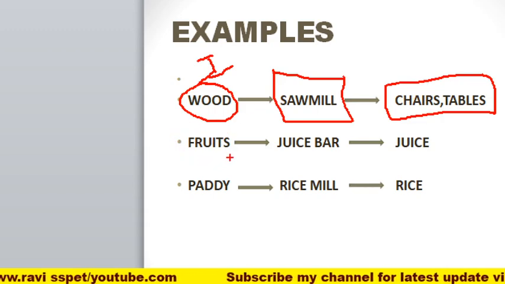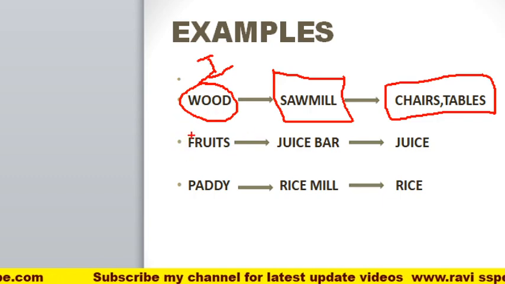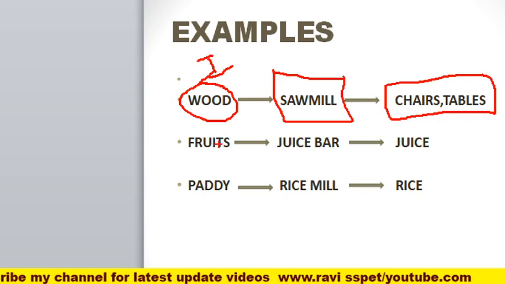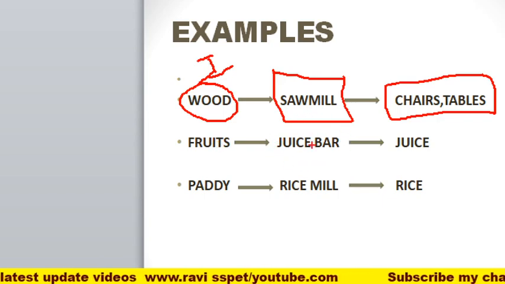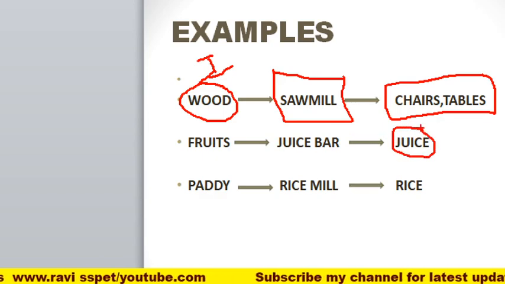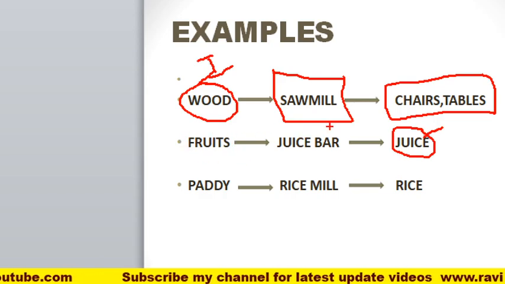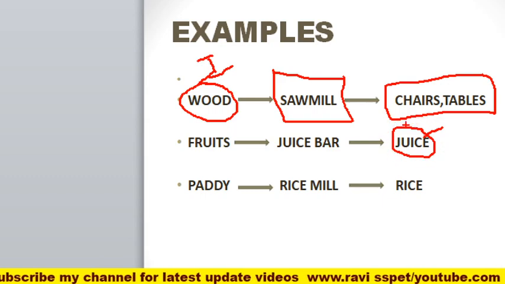One more example. We know fruits, for example, mangoes. We want to prepare juice, so we take the fruits to a juice bar. After that, the final product, that means the result, is juice. That means here the fruits are the input, here it is processed, and the output is juice.